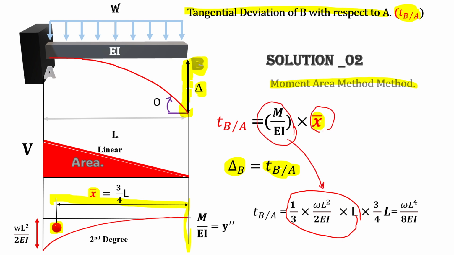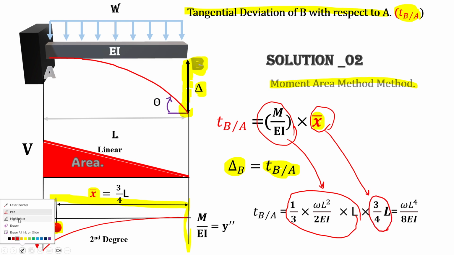And the other part, 3/4 of L, is the distance of the centroid to the vertical line that passes through B. This is the area part, M over EI, and it makes WL to the fourth over 8EI.